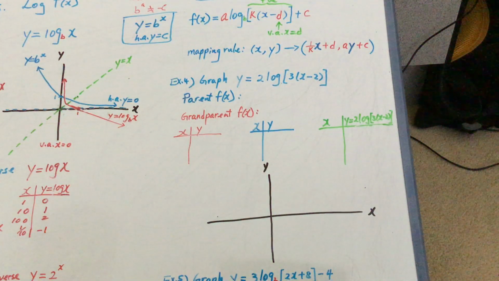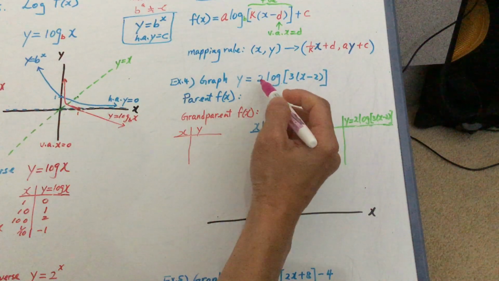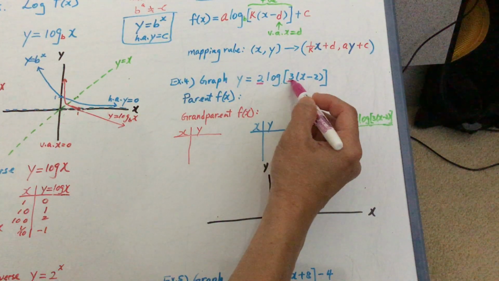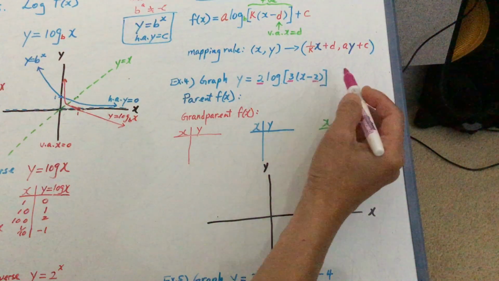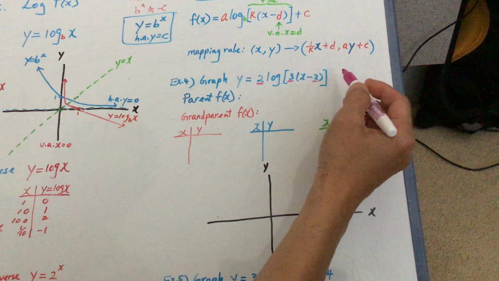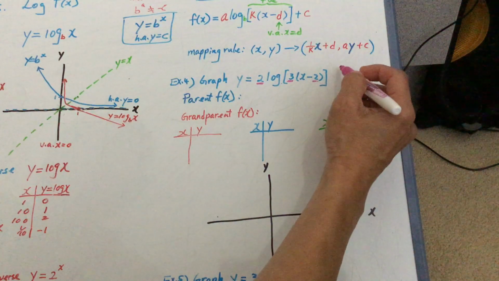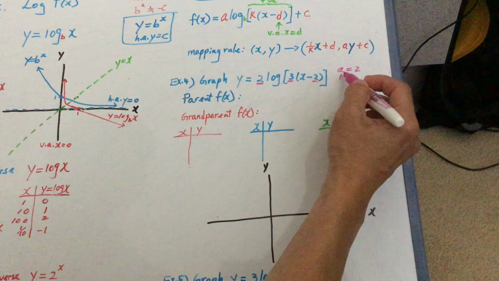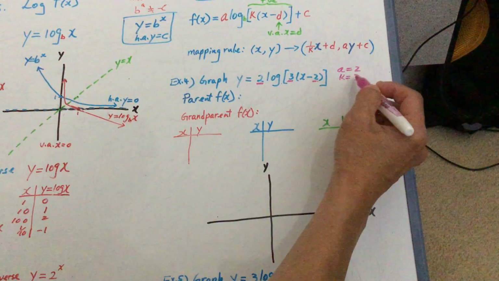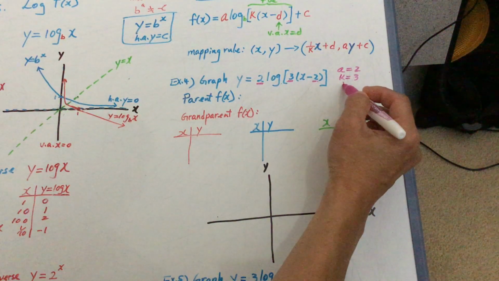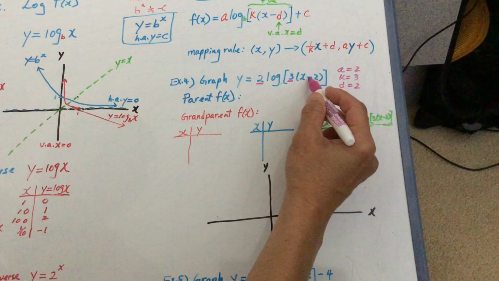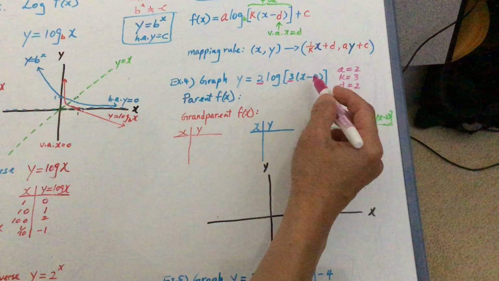Now, very quickly, you have to identify the a, the k, the d, and the c. When there's no c, that means c is equal to 0. So I know that a is equal to 2, k is equal to positive 3, and d is equal to positive 2 because it shows negative before.